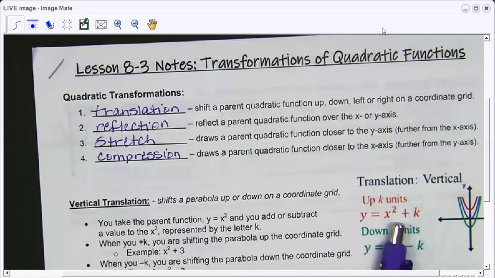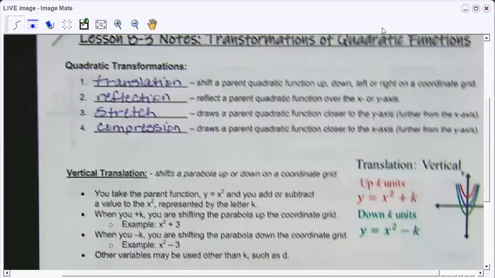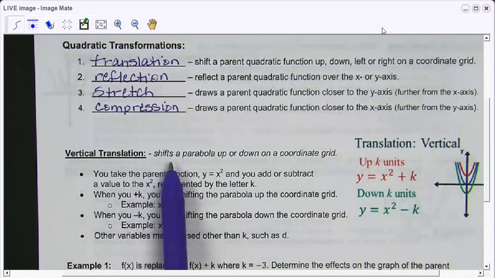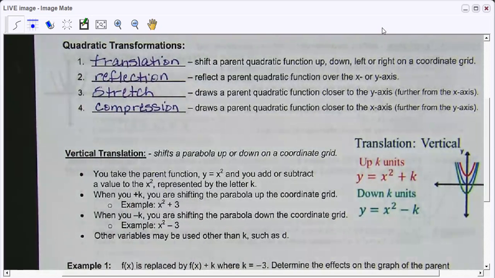Okay, so in looking at some of these instructions, a vertical translation shifts a parabola up or down on a coordinate grid. It also can shift left and right, but we're going to do that in just a minute. So if I'm going vertical, am I going up, down, left, or right?